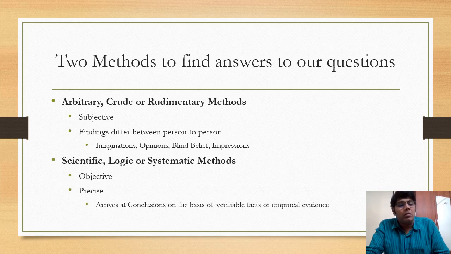Whereas the second important method is commonly referred as a scientific method, or it can also be called as a logical method or a systematic method, where it is more objective in nature and more precise because it arrives at a conclusion on the basis of verifiable facts or empirical evidences. This makes this method more dependable, and many research activities depend on this approach in today's world.